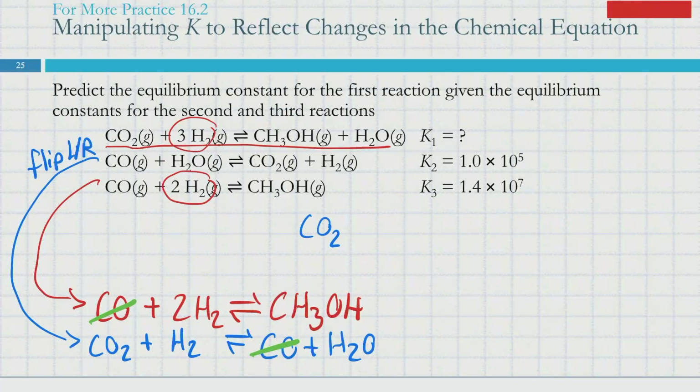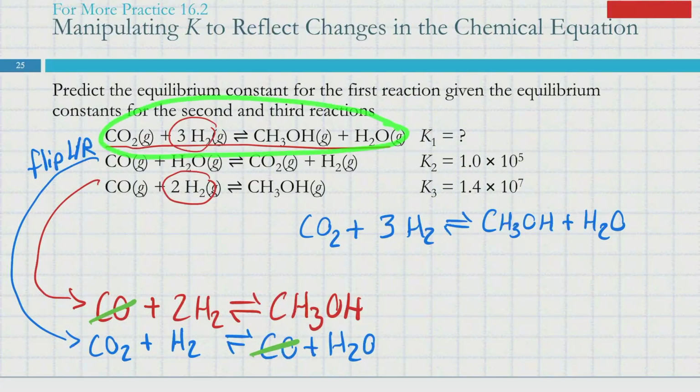So CO2 plus 3H2 with our methanol and our H2O. So this is the equation that we want. So we've set these up correctly.